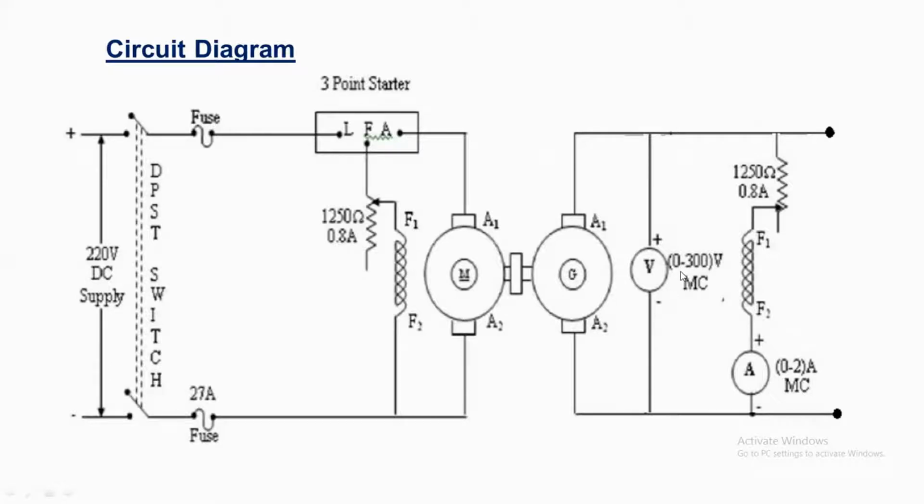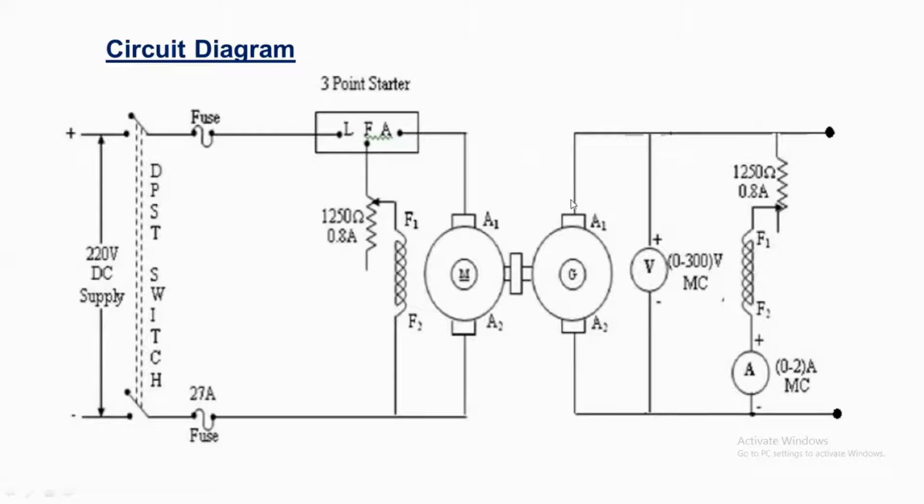The voltmeter of 0 to 300 volt is connected across the armature terminals for measuring the generated EMF. Then the generator field rheostat input terminal is connected to A1, and the output is connected to the generator field winding F1. The rheostat is at maximum position.